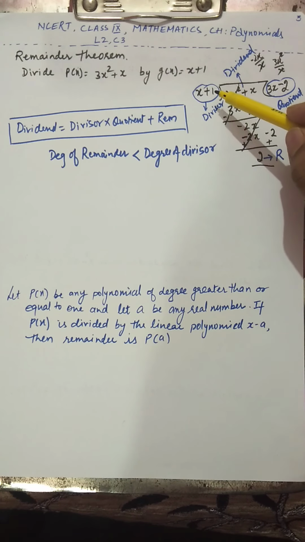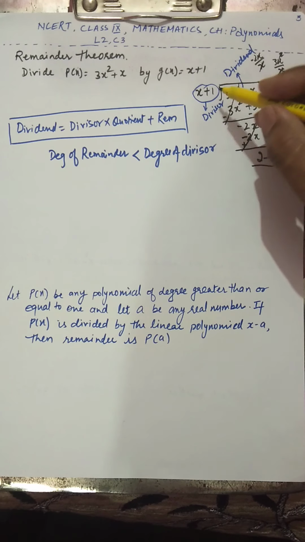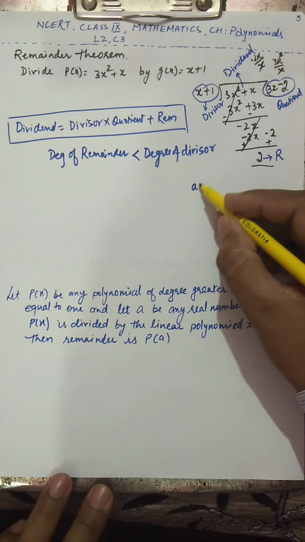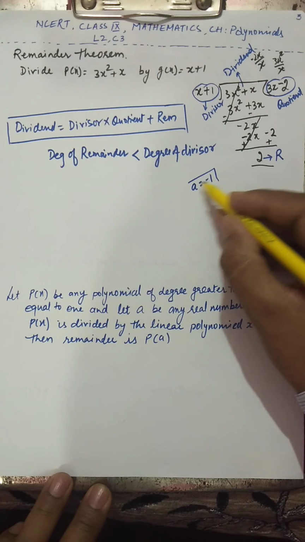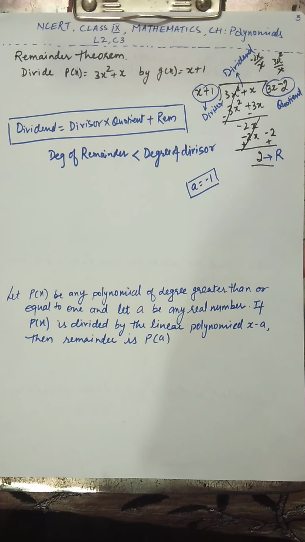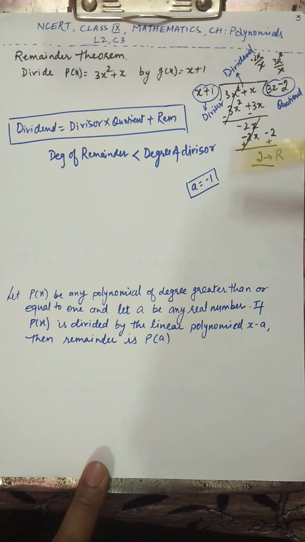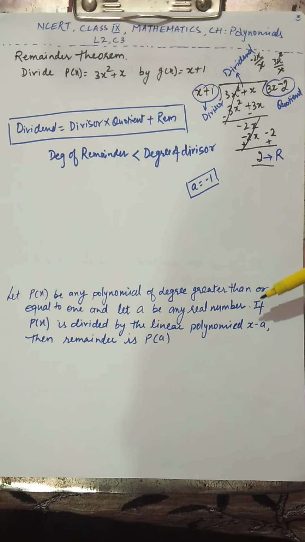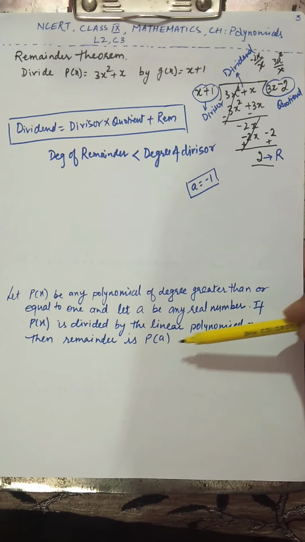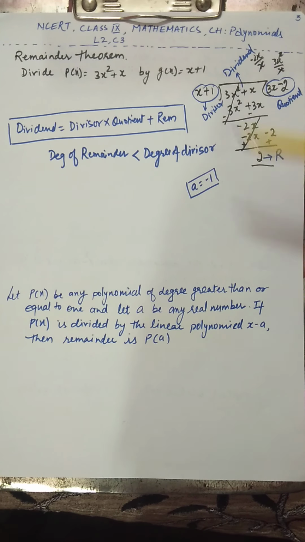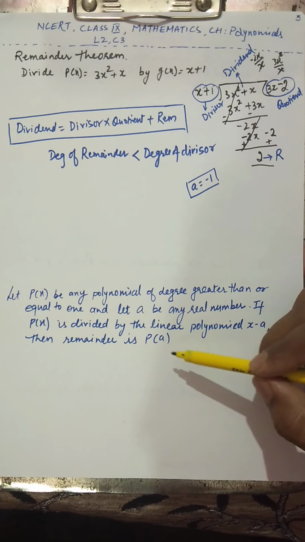Here, for the time being in our example, a is minus 1, because they are saying let a be any real number. If I take this as x minus a, then the value of a will be minus 1. So a is minus 1 in this example, and then the remainder is p(a).